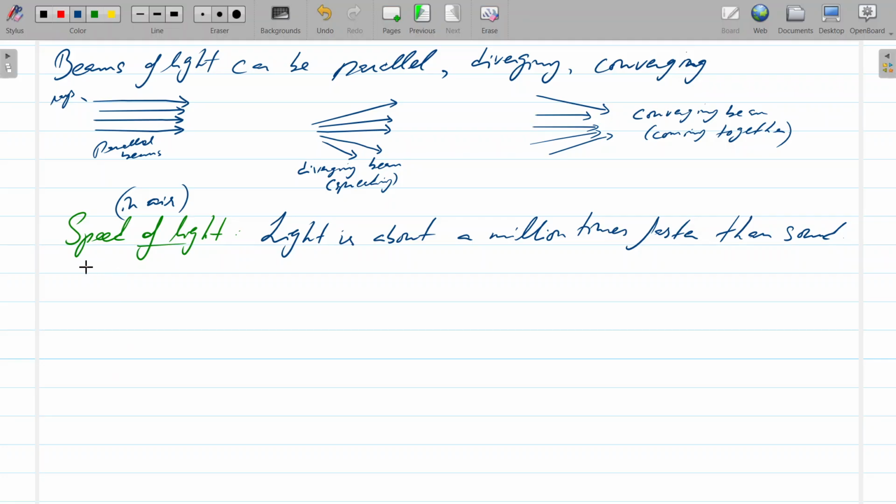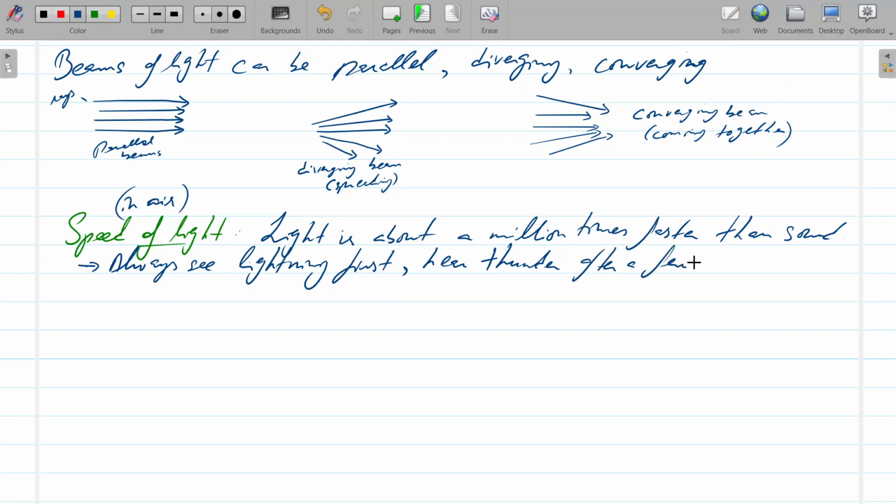The only evidence you need for that is, if you've ever seen lightning and heard thunder, thunder is the sound made by that electric current discharging through the atmosphere, through the air. You always see lightning first, and you hear the thunder after a few seconds' gap. You can feel this even more if the lightning is further away from you.